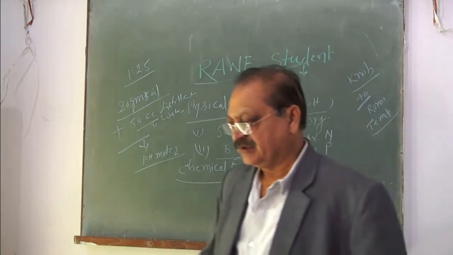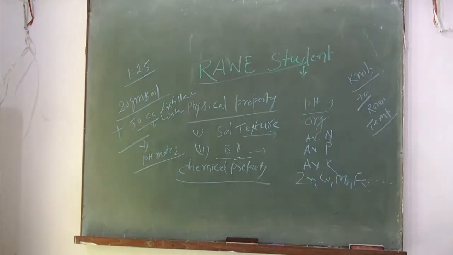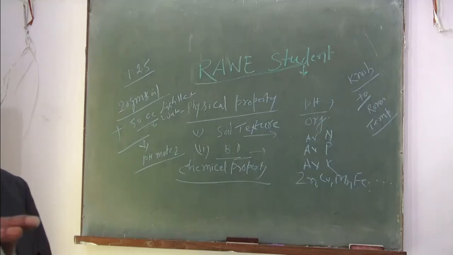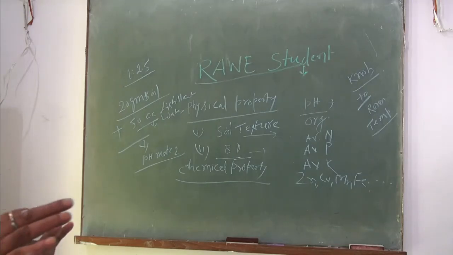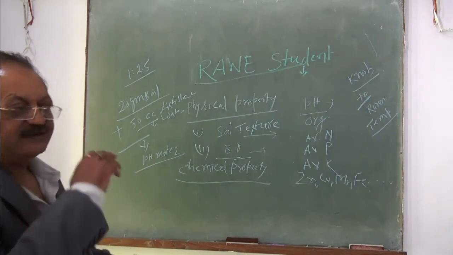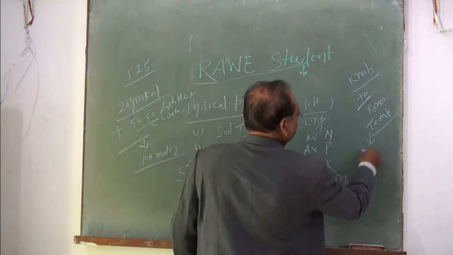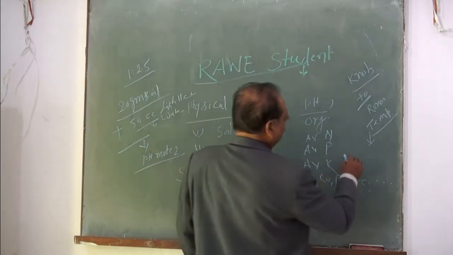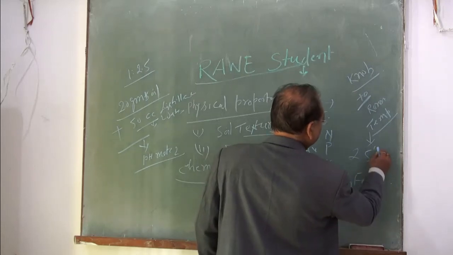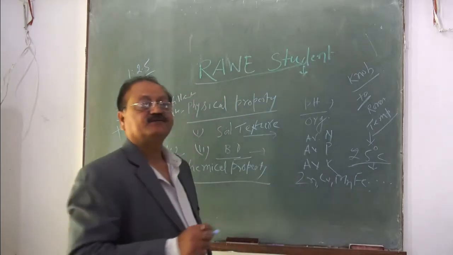Generally, pH varies with the variation of temperature. In the winter season, the pH value of the same soil will be different, and in the summer season the pH value of the same soil will be different. So temperature is a major factor. You have to make it constant, that is 25 degrees centigrade.